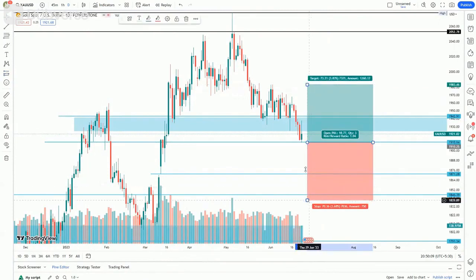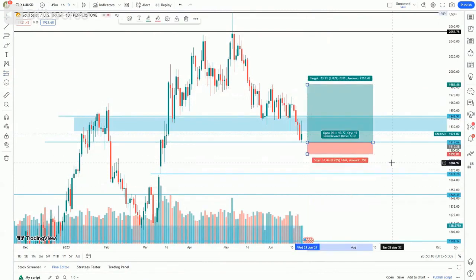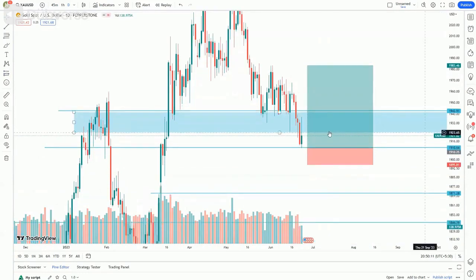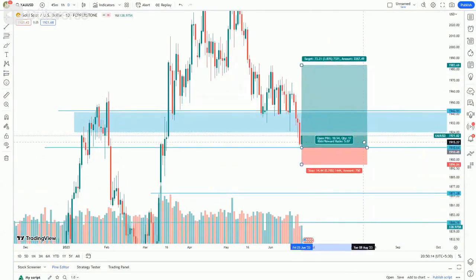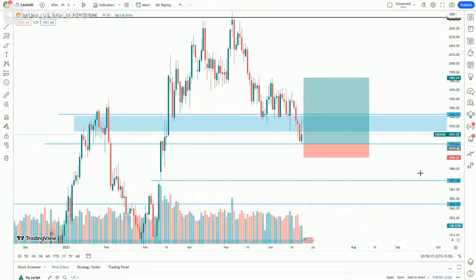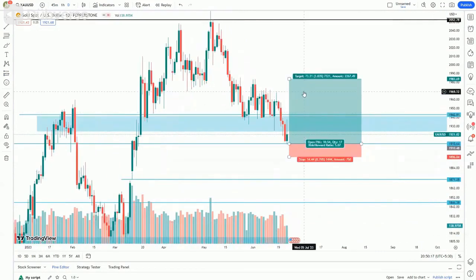You can make a chart like this. If you want, you can take a screenshot of this chart. And you can simply buy like this. Whenever the market is at 1910, you can buy. You can keep buying, like you did between 1945 and 30, keep doing the same.